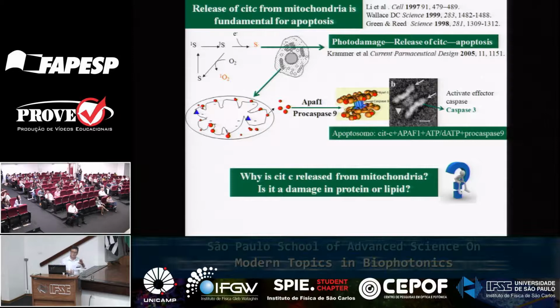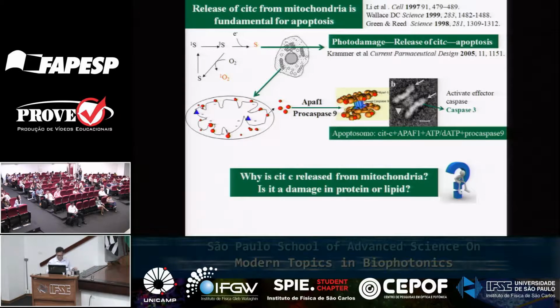I mentioned a bit more of what apoptosis means. At this time, we want to know exactly whether the oxidation of the protein or oxidation of the membrane is responsible for releasing it to the cytosol and initiating apoptosis. So I just discussed one data set on this.